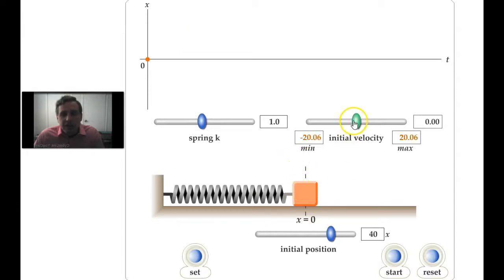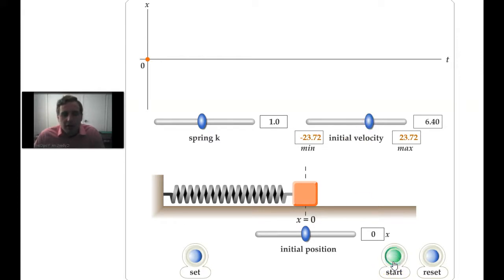Well, I think I should give it an initial velocity, but no initial position. So you can imagine if the object's moving to the right at first, it should be moving in the positive x direction before it stops. So let's set its initial velocity, maybe let's make it 6.4 meters per second.